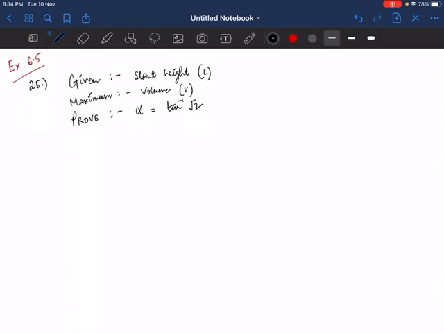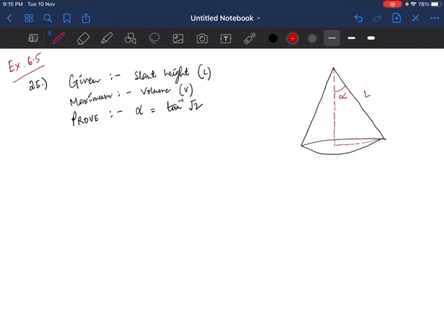So let us see what the semi-vertical angle is. If I have a cone like this, this one is my semi-vertical angle, and this L is given.